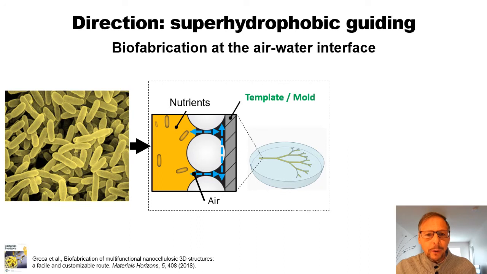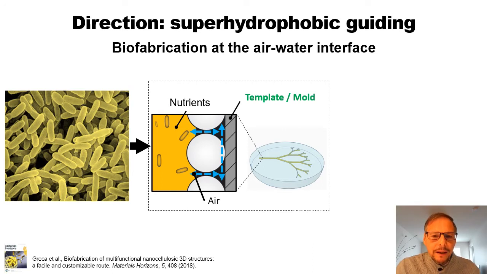So in this example, what we propose in this biofabrication is to have a solid support, a template, or a mold that will be covered by these spherical particles that you see in the center. These are hydrophobic, meaning that they repel water.